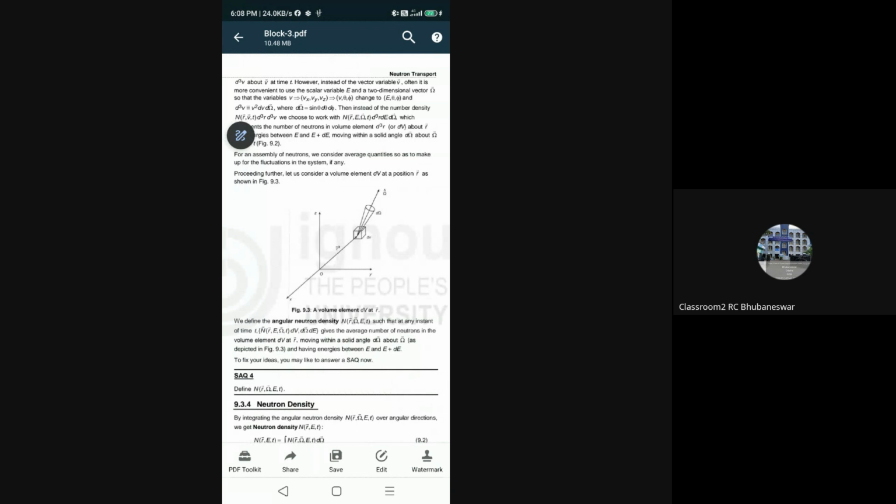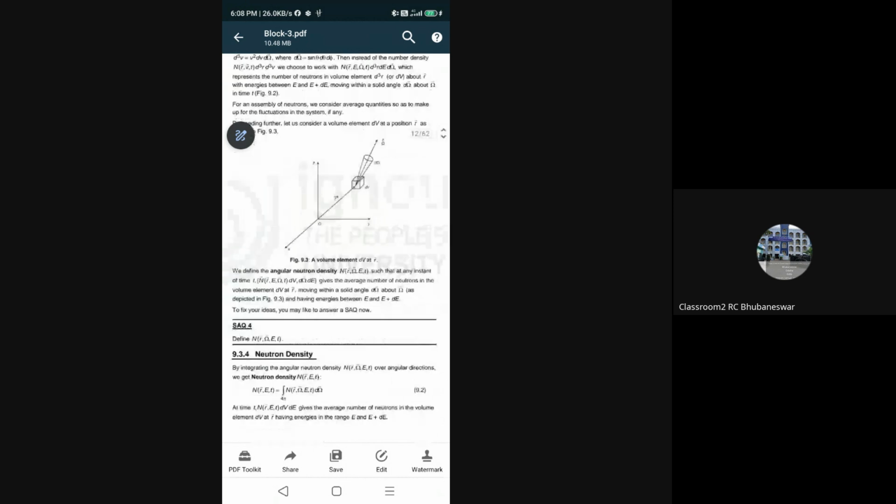The angular neutron density n(r, E, omega, t) is defined such that at any instant of time t, n dV dE d omega gives the average number of neutrons in the volume element dV at r moving within a solid angle d omega about omega, as depicted in the figure, and having energies between E and E plus dE.